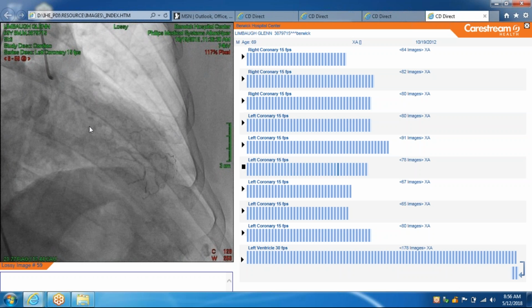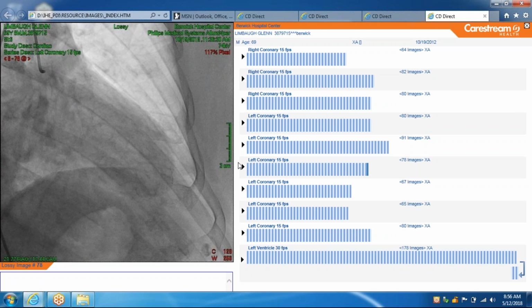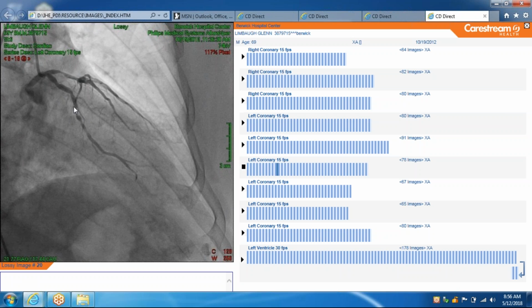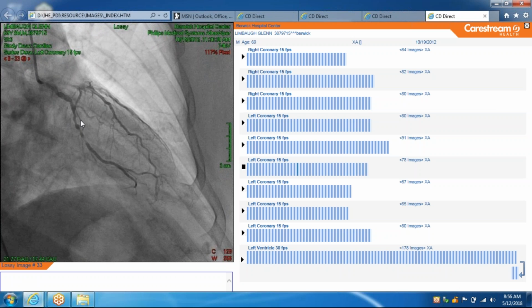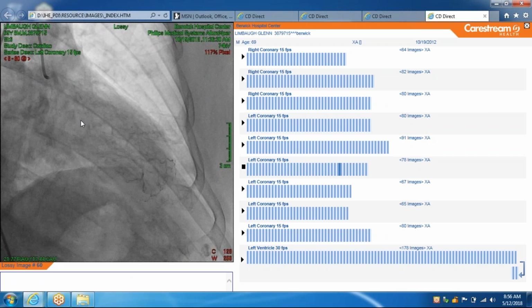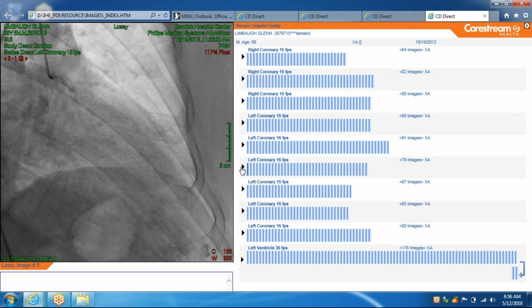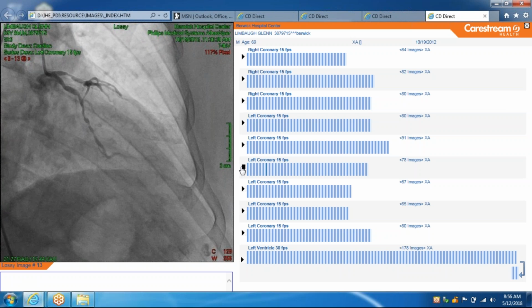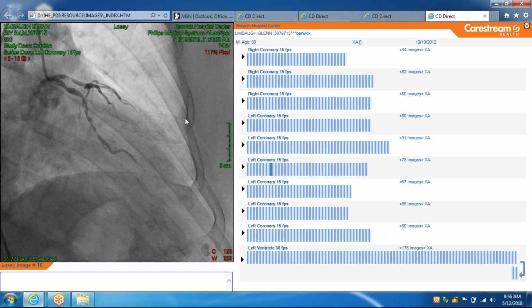Also in the circumflex, there are multiple lesions in the circumflex. So let's look at the circumflexes again. But there's a lesion there. There are a couple lesions right there. So there are significant blockages. So if you were going to do bypass in this patient, you want to bypass the obstruction.